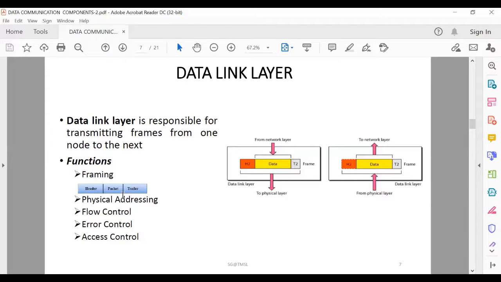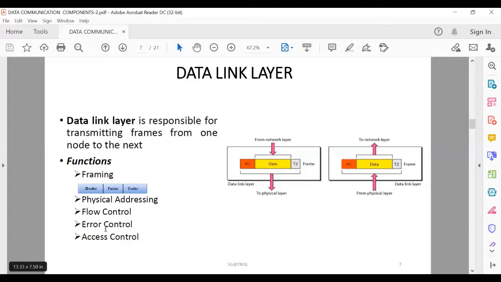The header contains the hardware destination and source address, and the trailer is used to detect any errors. Another function is physical addressing. It adds a header to the frame that contains a destination address, and the frame is transmitted to the destination address mentioned in this header.